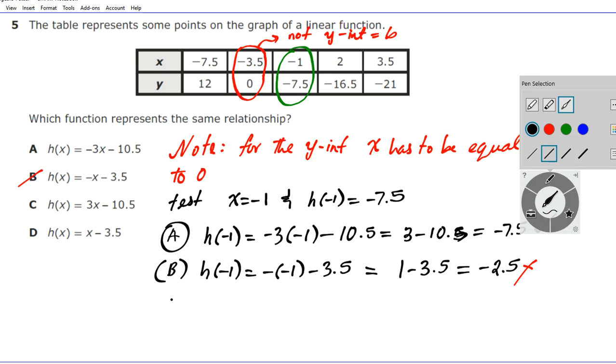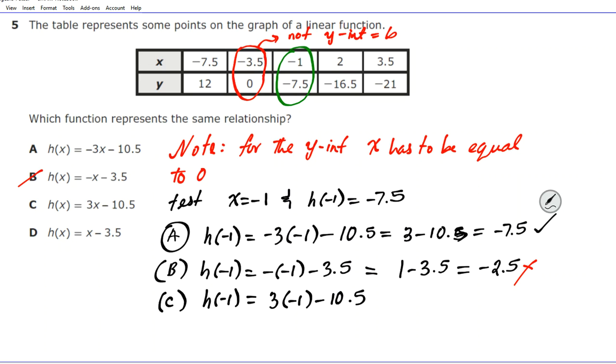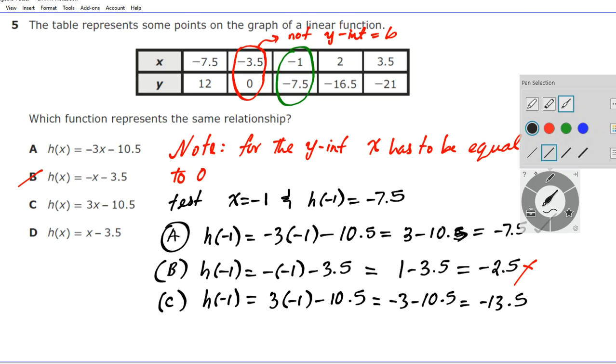Option C, let's see if that works. H of negative 1 is going to be 3 times negative 1 minus 10.5. Okay, we're going to have negative 3 minus 10.5, which is negative 13.5. This one is a fail also. It's not an answer.